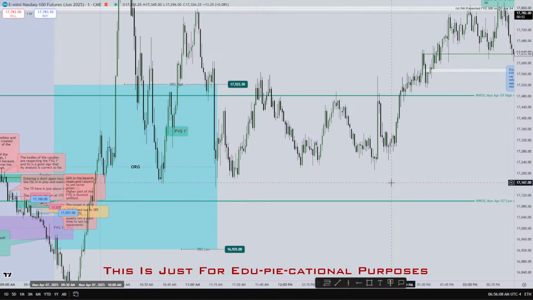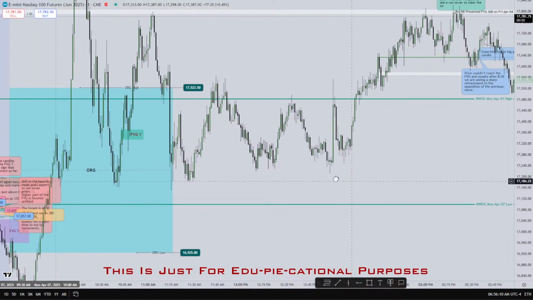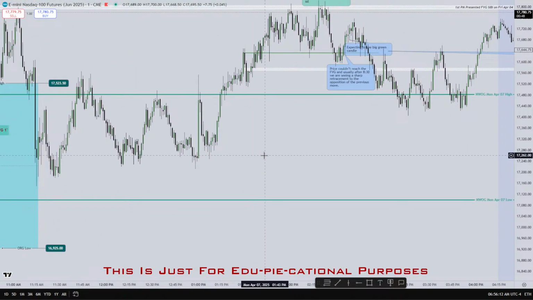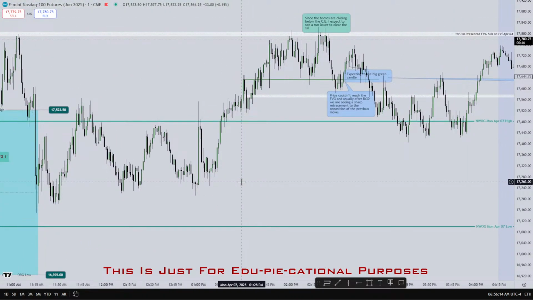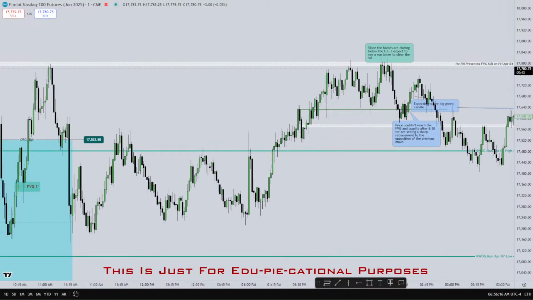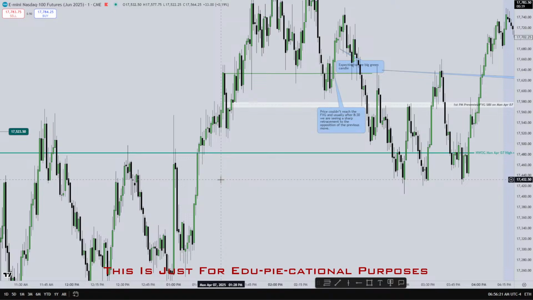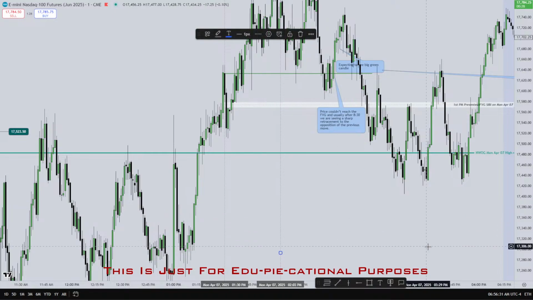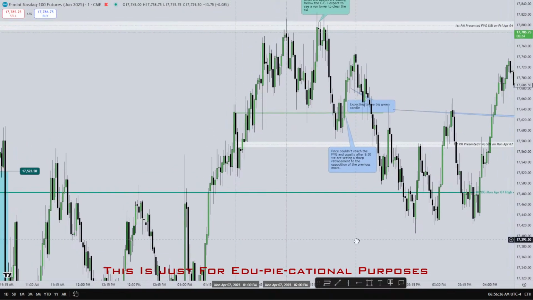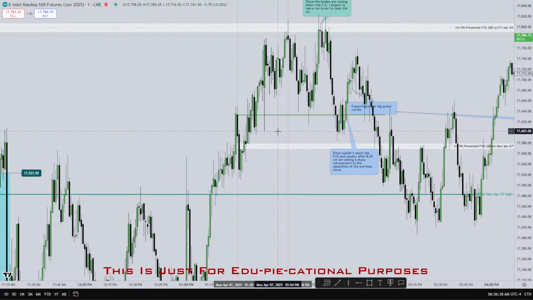Okay, we are going to see the opening bell at 1:30 New York time. This candle here is our 1:30 opening bell, and as you know from this candle, the first 30 minutes is considered again opening range gap for the PM session.